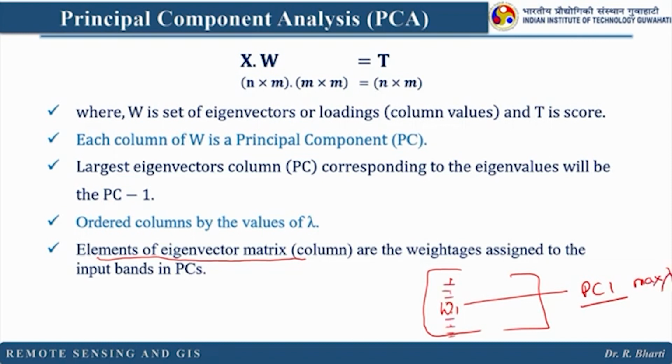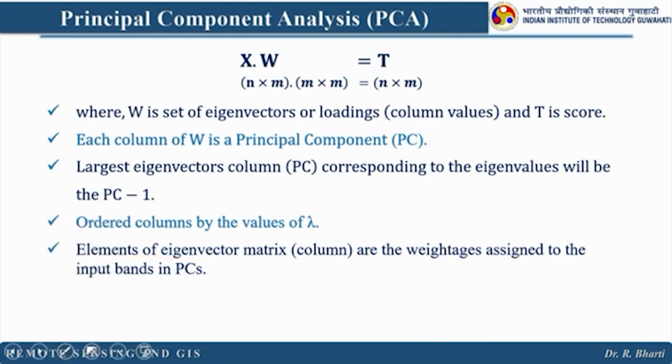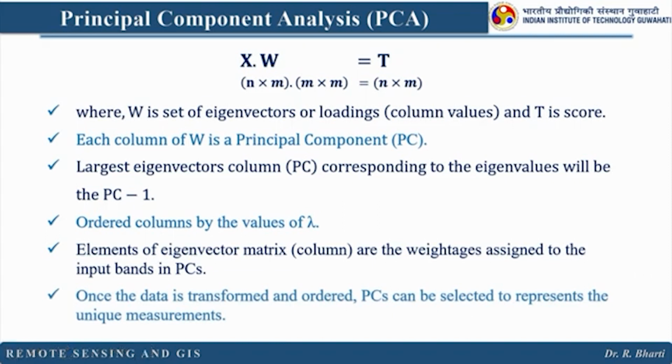The elements of PC1 or W1 are nothing but the weightage assigned to the input bands in PCs. So this is what we want to understand. Once you have that, you can easily find out the weightage of band 1, band 2, band 3, band 4 in my first principal component, and because of that we are getting this enhanced feature or the unique information in different principal components.